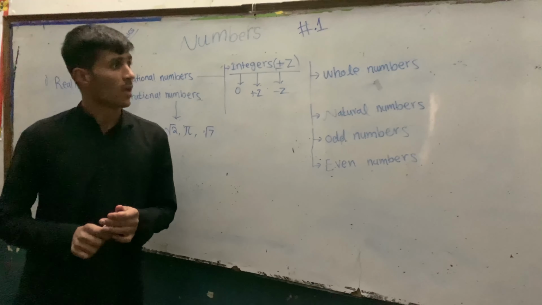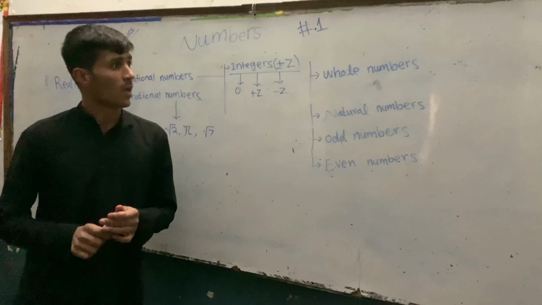We could also write 20 over 1 as 60 over 3. If you solve this, it is again equal to 20. So all numbers like these are considered rational numbers.